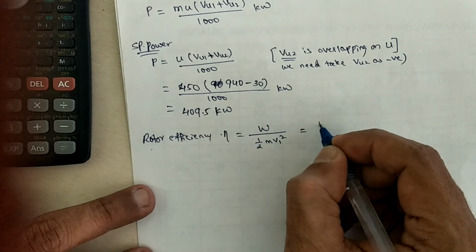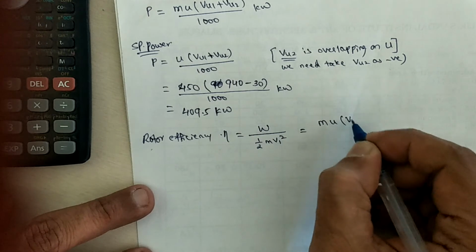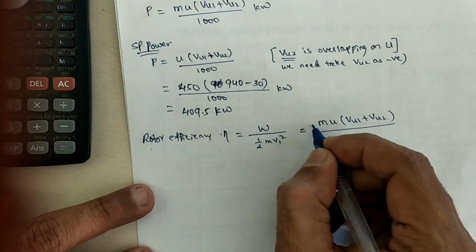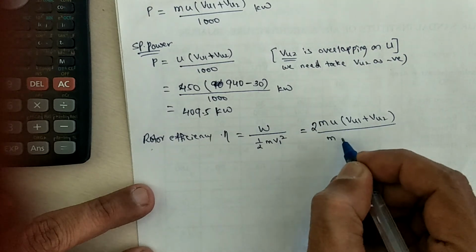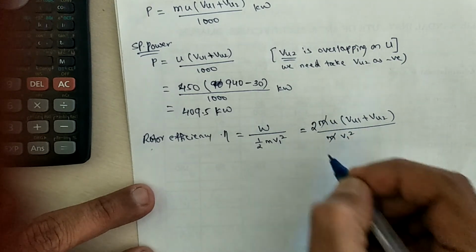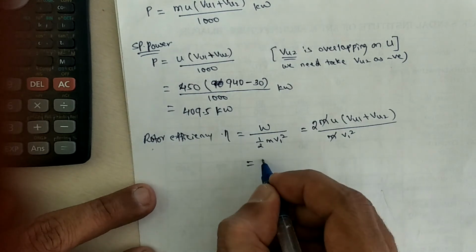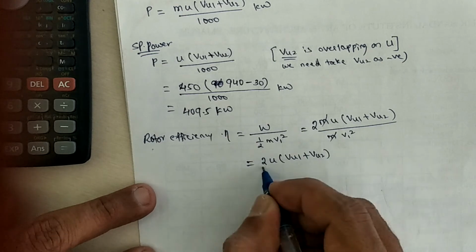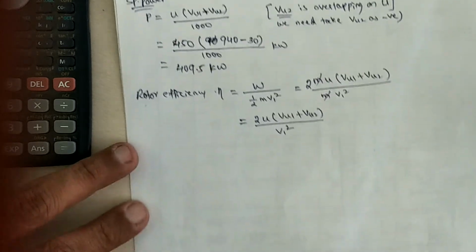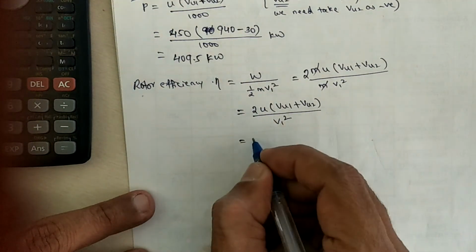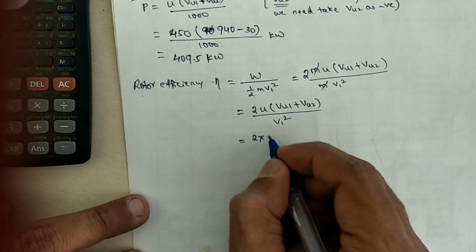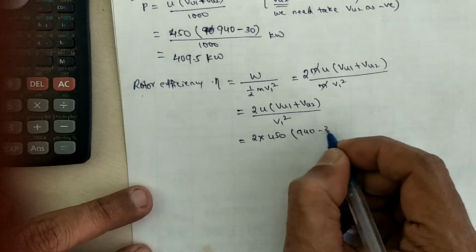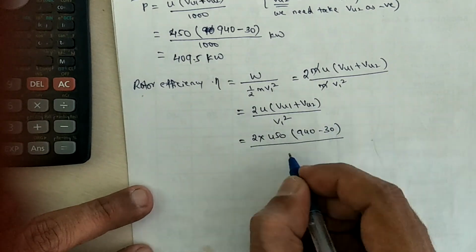Work done is m into u into (VU1 plus VU2), and taking the 2 above it becomes m V1 square. So m gets cancelled, and the efficiency equation will be 2 into u into (VU1 plus VU2) divided by V1 square. Just substitute the values: 2 into u, which is 450, into (940 minus 30), divided by V1.